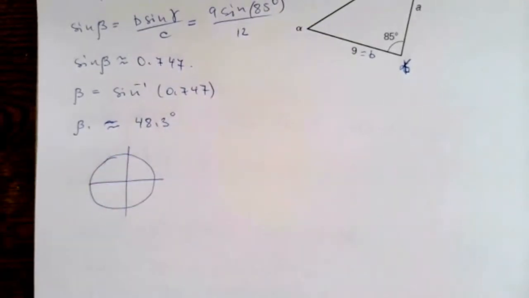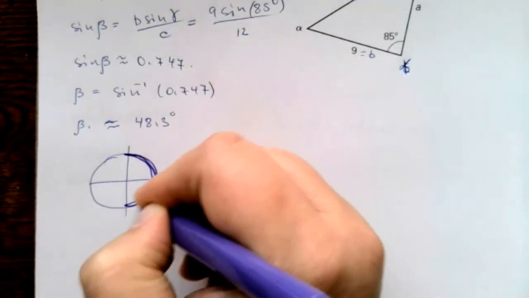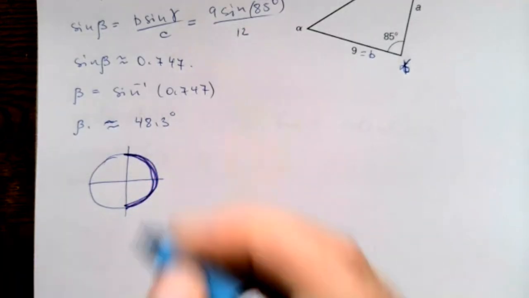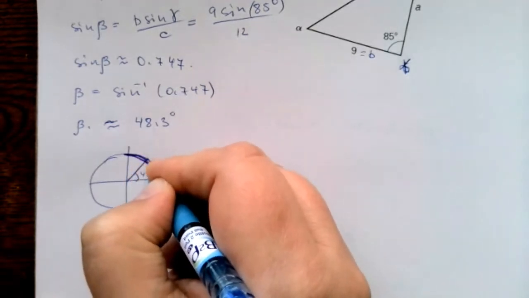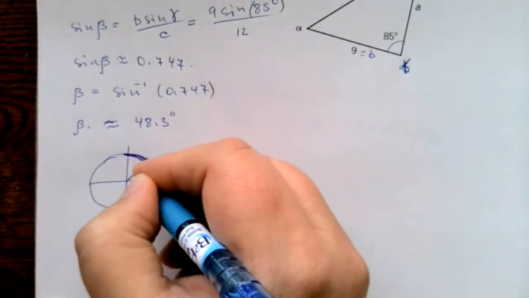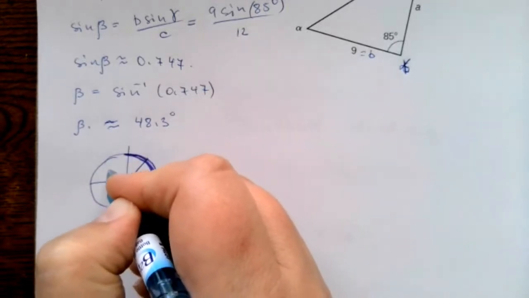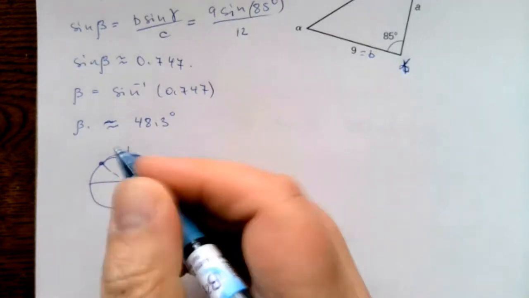So again, on the unit circle, the arcsine gives you the angles in the first and the fourth quadrant. The 48 is going to be here. Okay, so this is our angle.